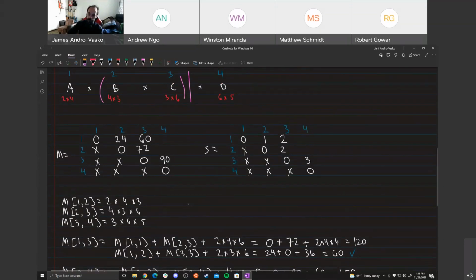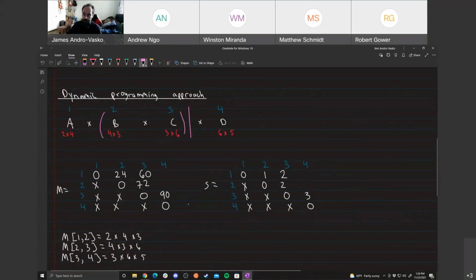So now we have to get the final product here because multiplying B times C, the result is going to be a 4 by 6 matrix. That's the result of multiplying B times C. And we're going to multiply this to a 6 by 5 matrix because that's what D is. So it's going to be 4 times 6 times 5.